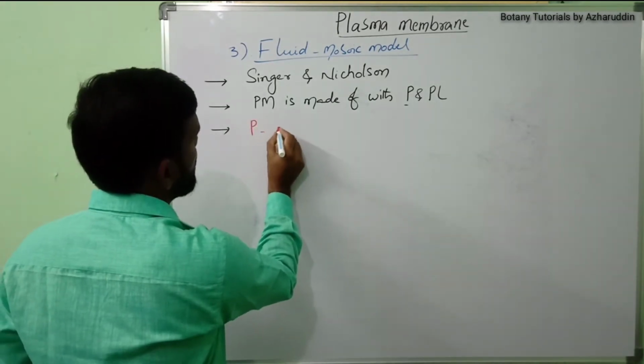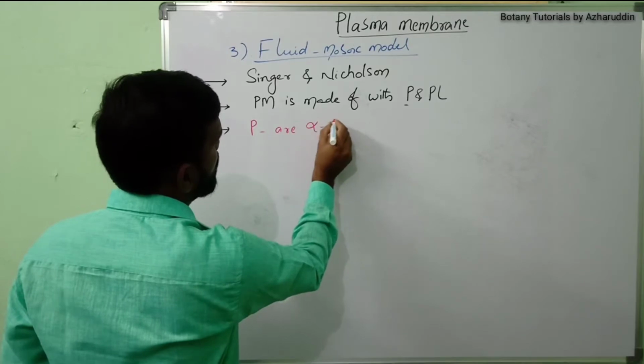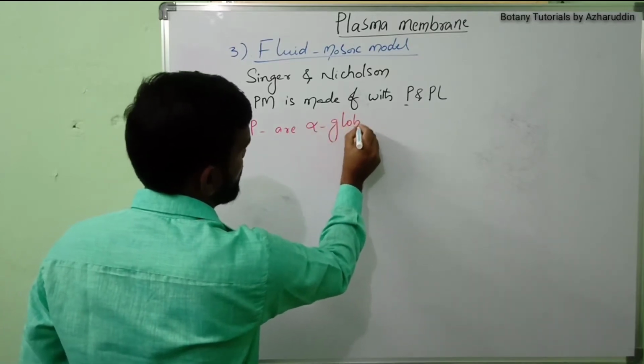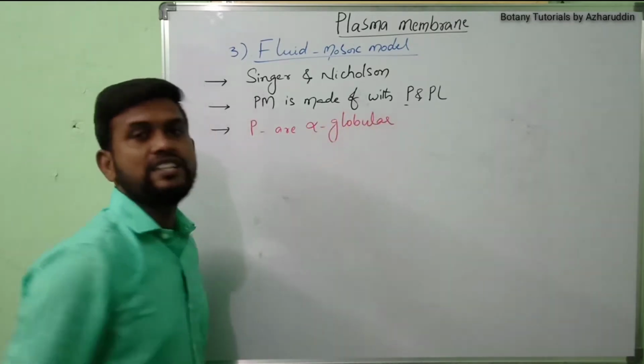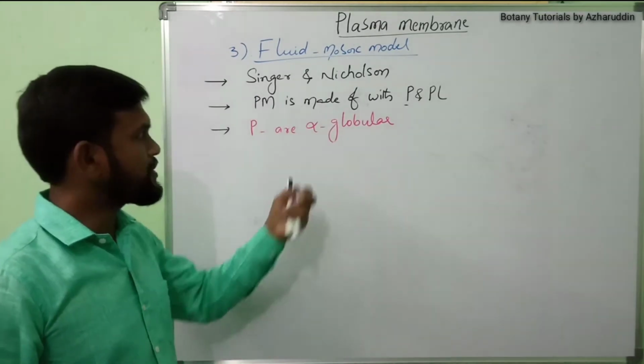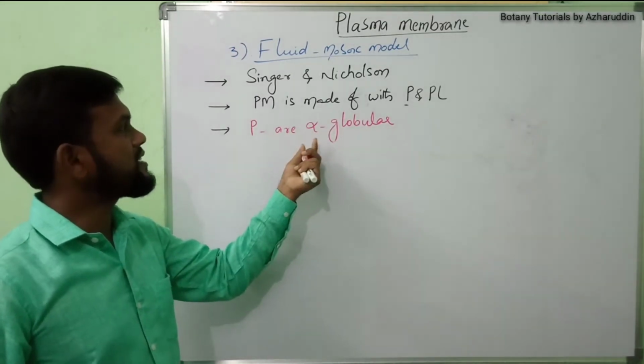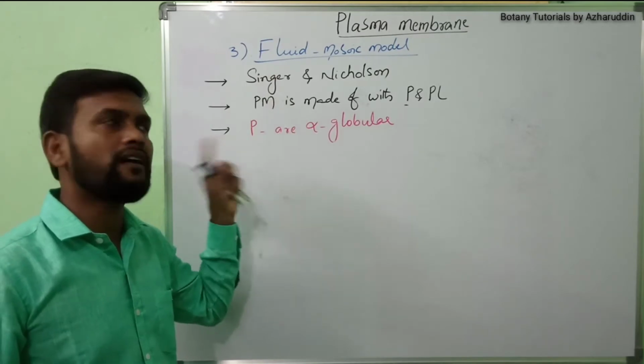Proteins are alpha globular structures, that means they are spherical structures. This point is said in the first model, Dawson and Danielli.